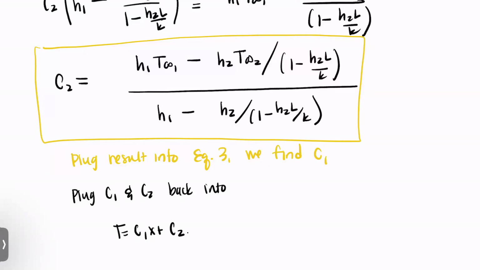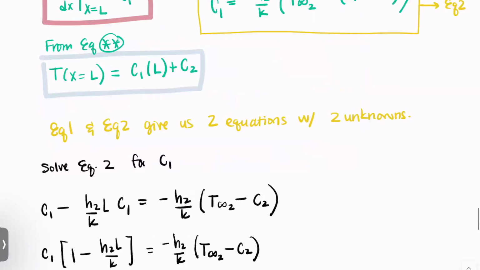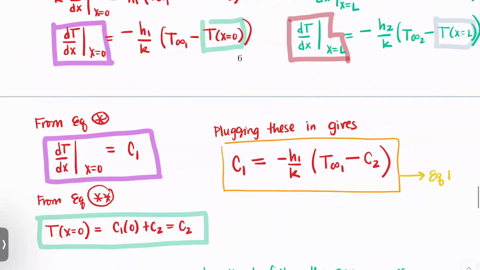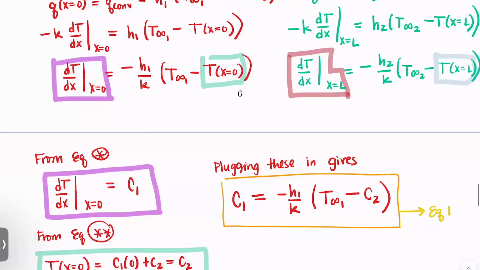I think the toughest part of this problem is essentially this step, recognizing that you need to use equations star and 2 star to get the pieces of our boundary condition to plug them in where they go. Beyond that, it should just be algebra. Okay.